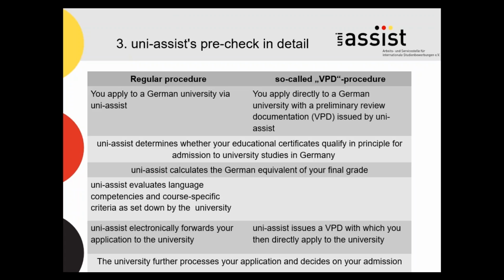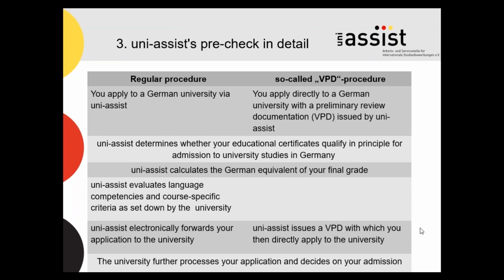However, if you apply via Uni-assist at a German university, we also evaluate your language competency and course-specific criteria as set down by the university. That is not the case in the VPD procedure, as we usually do not check your German proficiency.